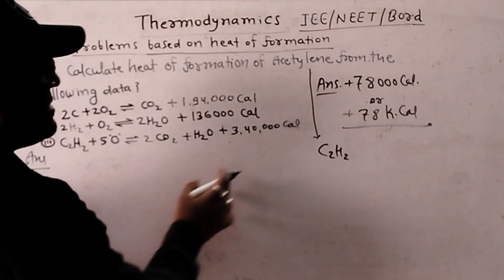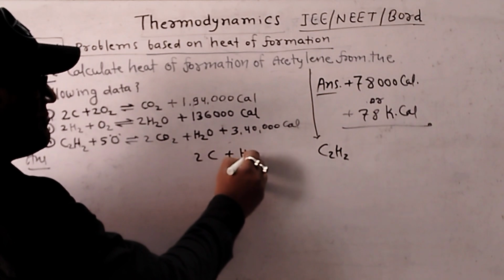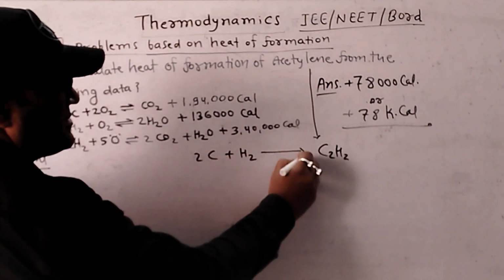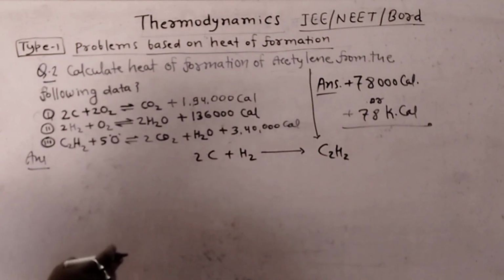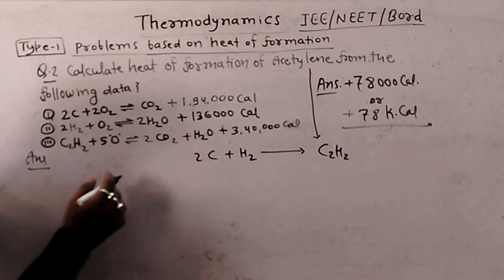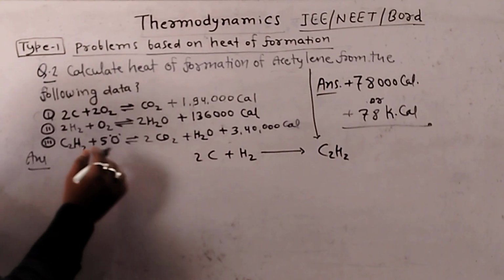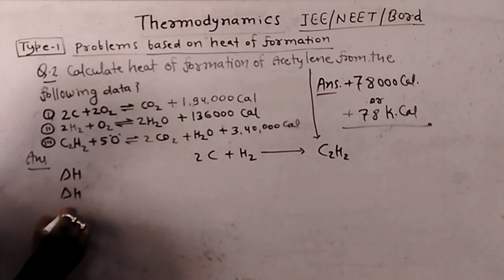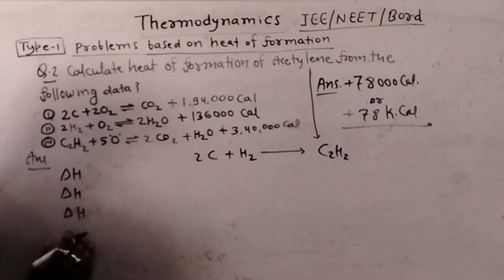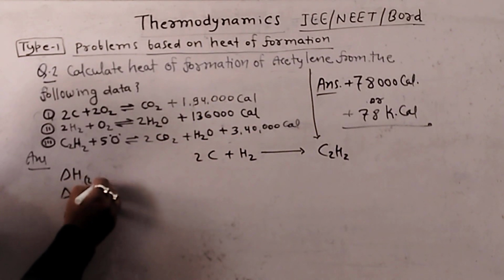Initially we will discuss that 2 moles of carbon atom react with 1 mole of H2 gas, then acetylene gas forms. According to the given data, all are combustion reactions, all are exothermic reactions. So the sign of delta H changes for 2 carbon.